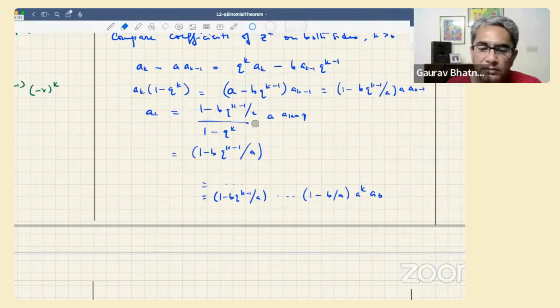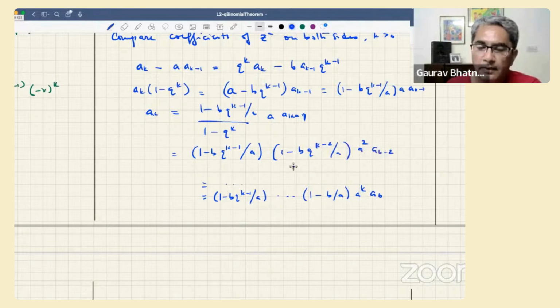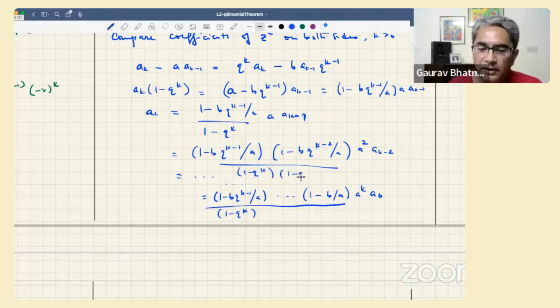One more time. So on until we reach this guy, divided by 1 minus q to the k. So this will be divided by 1 minus q to the k, 1 minus q to the k minus 1, going on to 1 minus q.